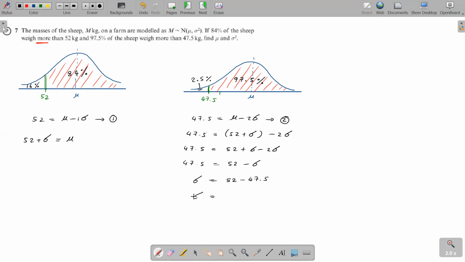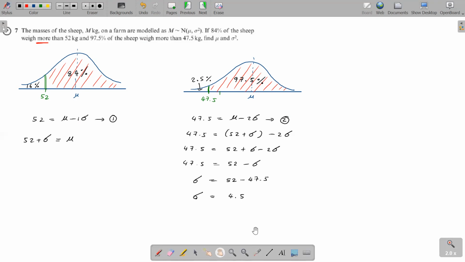How much is 52 minus 47.5? It is 4.5. Okay, and then we are supposed to find mu and sigma square.